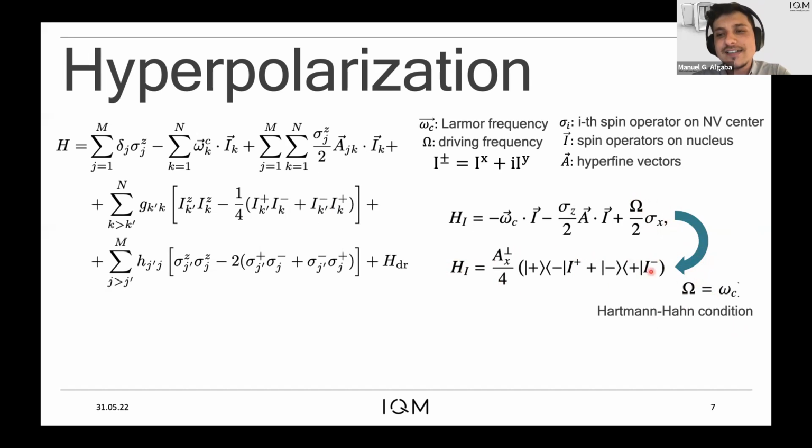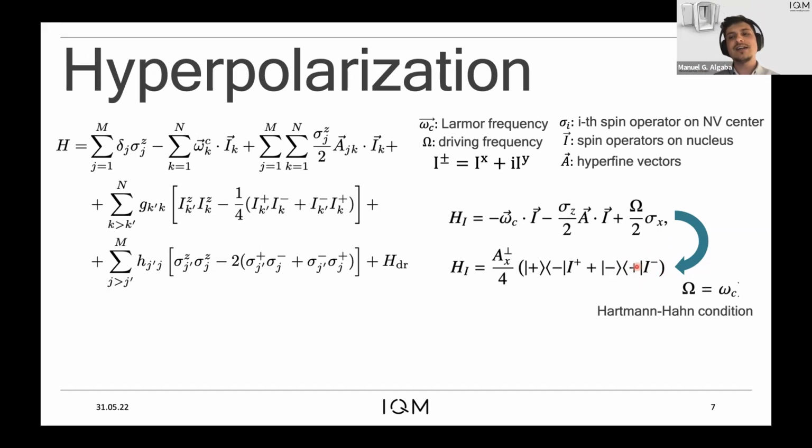But the good part here is that since these brackets are acting only on the NV center, you can see that if you plug in a plus state of the NV center, this plus state will automatically generate some kind of change in the magnetization of your nucleus.